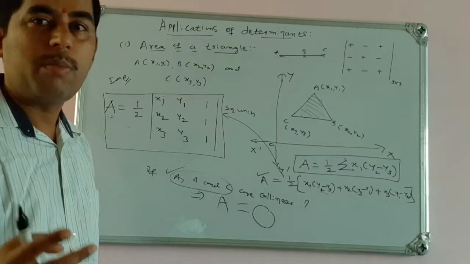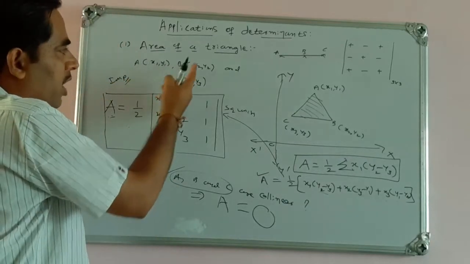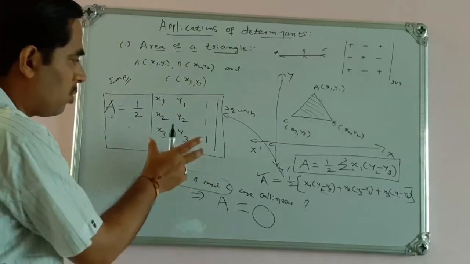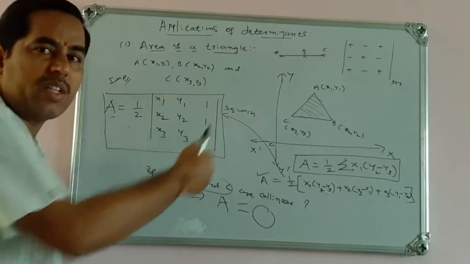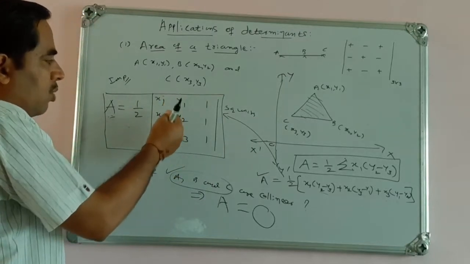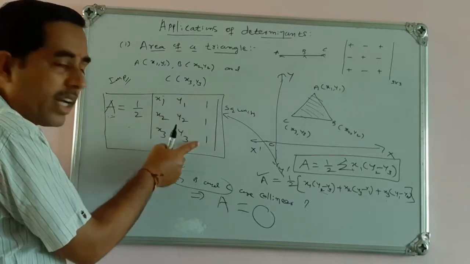So two things to remember here. The area of the triangle whose vertices are (x1, y1), (x2, y2), (x3, y3) can be written in determinant form like this. You can remember it column wise or row wise, as is convenient. Column wise, x1, x2, x3, then the second column y1, y2, y3, and the last column contains 1, 1, 1.